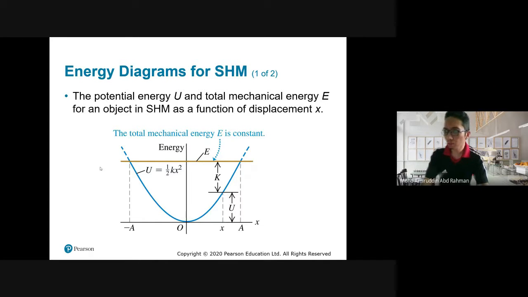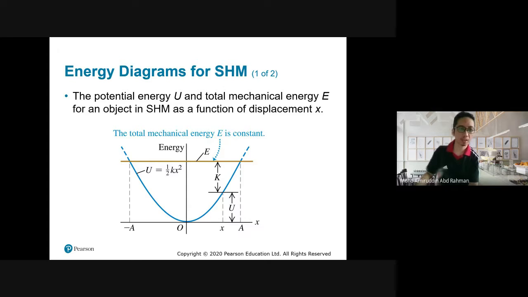Okay, so this is the energy diagram that we have. We look there, so we have the potential energy at the maximum value. When we are at the highest position, let's say the pendulum, we have the maximum potential energy, and then at the lowest point, we have the maximum kinetic energy.